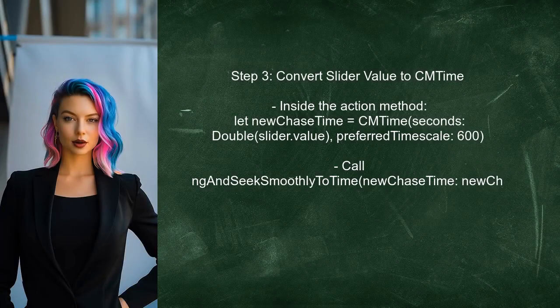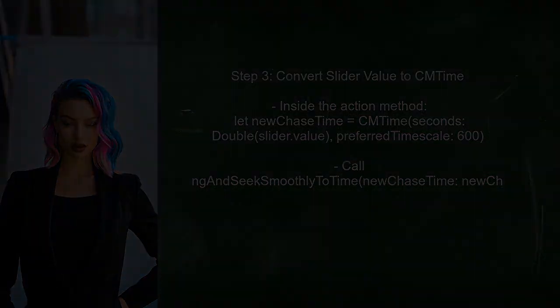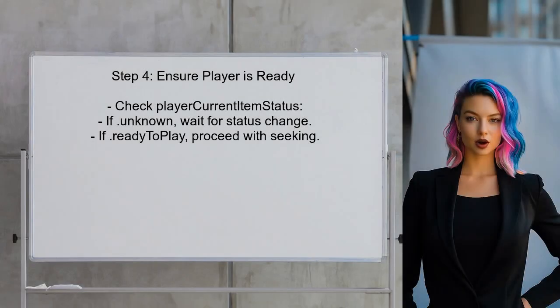In the slider's action method, the user should convert the slider's value to a CMTime object. This will represent the new time to seek to in the video. Finally, the user should ensure that the player is ready to play before seeking. This can be done by checking the player's current item status and handling any necessary waiting.